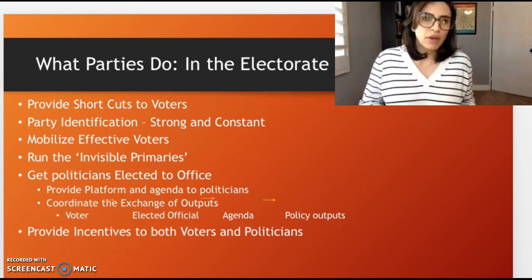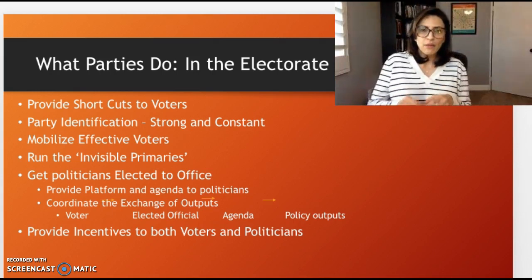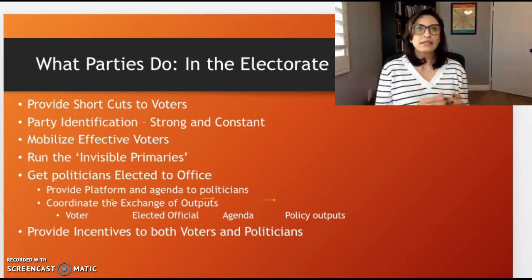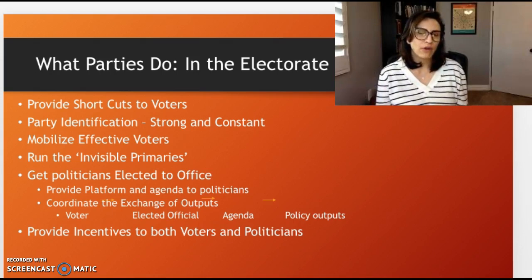In the electorate, political parties provide shortcuts to voters. And what I mean is that the average voter actually doesn't do their homework about a judge or about a mayor running for office or even a Congress member running for federal Congress. But they do often associate themselves with a political party.